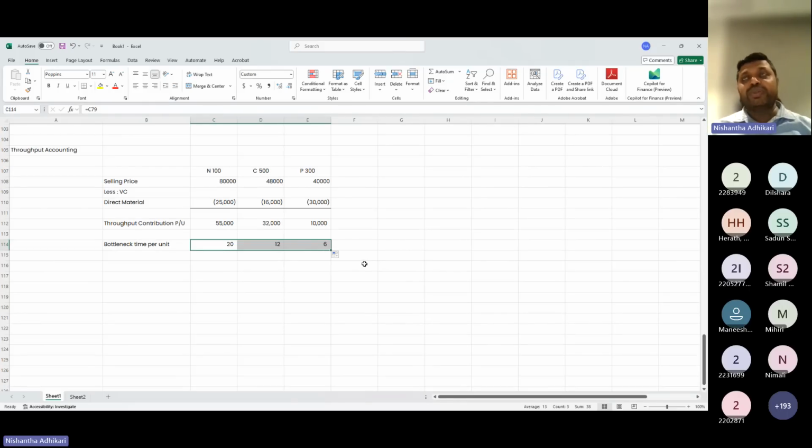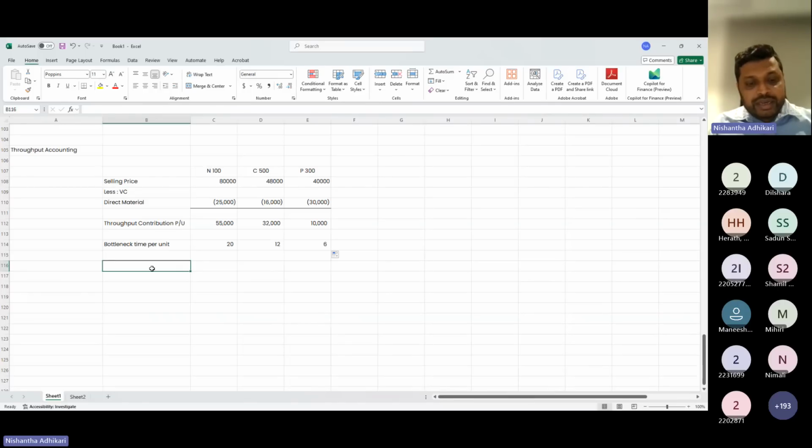Per hour is better because when we work out the throughput accounting ratio, it will be beneficial. Therefore, I will calculate return per factory hour, or throughput contribution per hour.